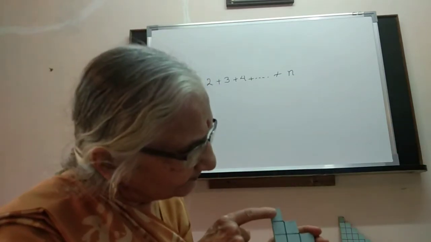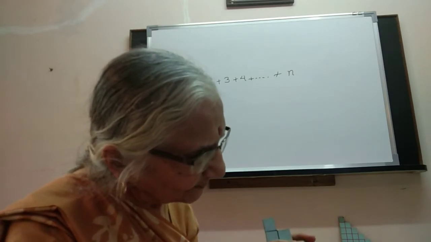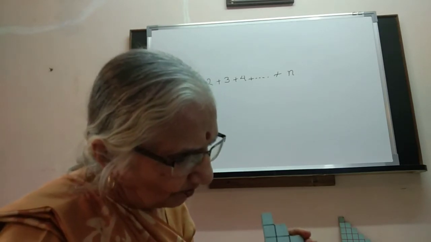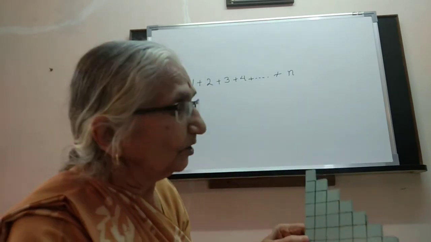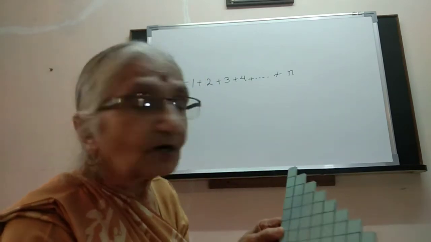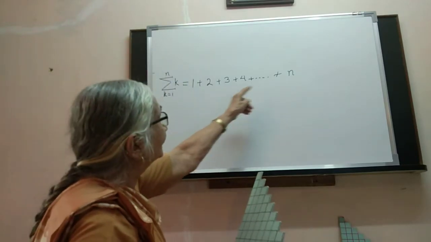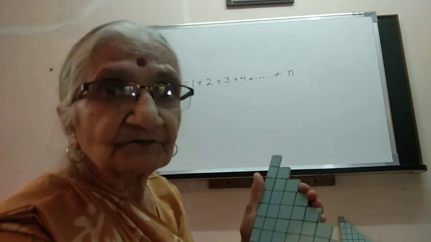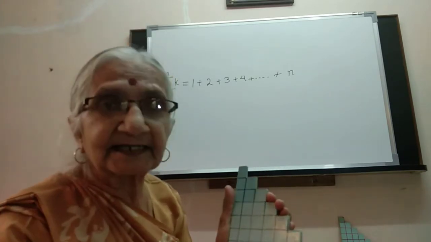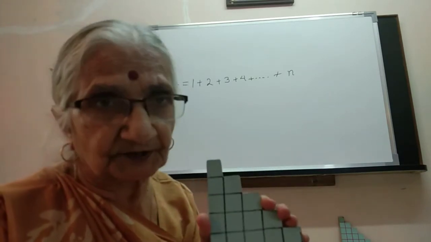So we have 1 plus 2 plus 3 plus 4 all the way up to plus n. So this is 1 plus 2 plus 3 up to n, or in other words, it's precisely the summation that we want. So the entire area, when you add up all these, you will get the entire area, and that is what we are looking for.